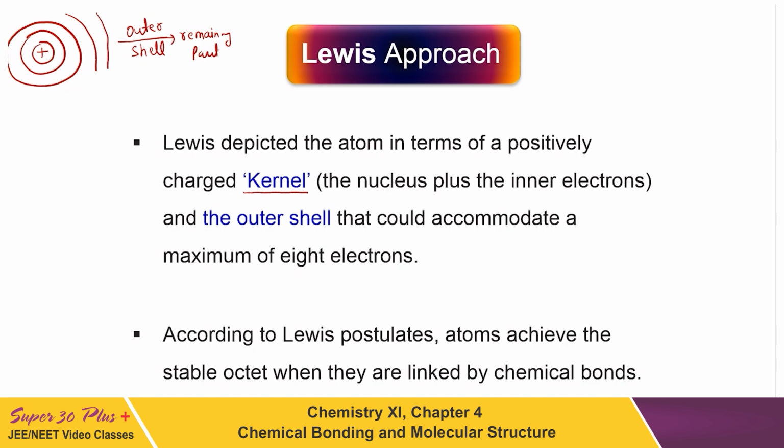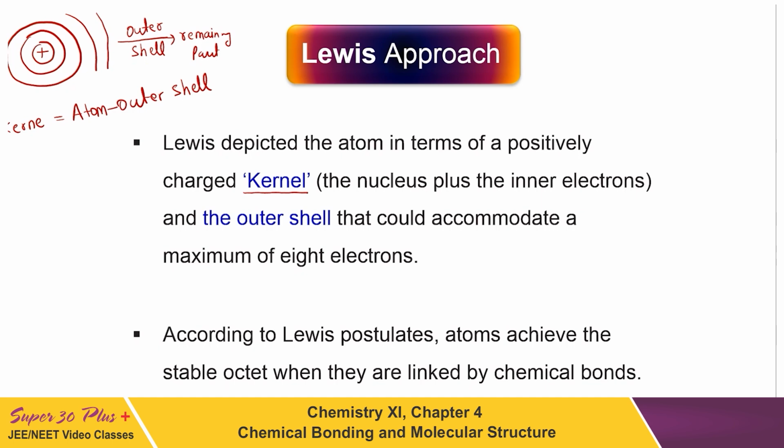So in simple language, kernel is the atom minus the outer shell. When all the electrons present in the outer shell are removed, the remaining part is called the kernel.